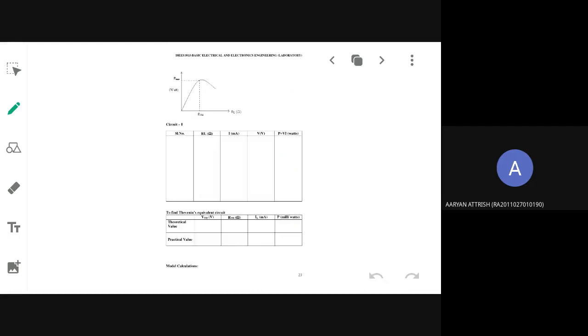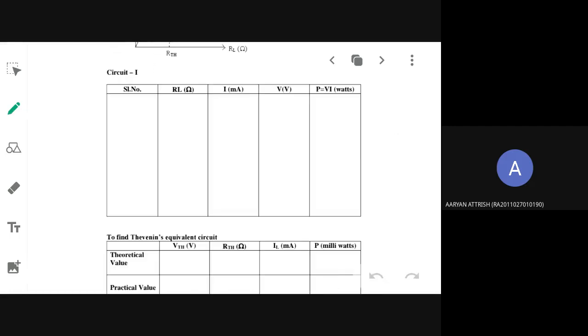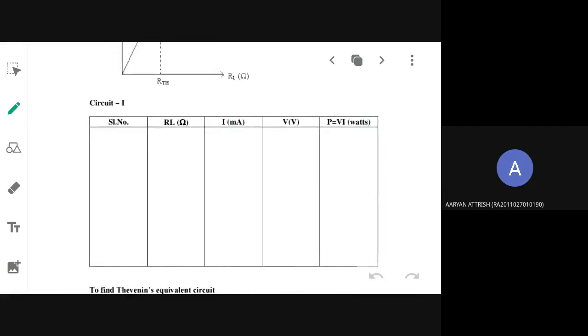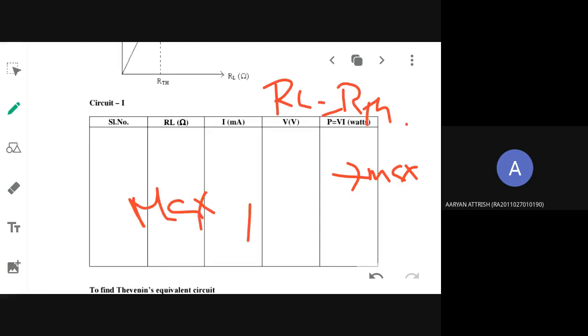But here the condition is, the power, if you are tabulating it, will be maximum only when RL is equal to R Thevenin. That is why it is called maximum power transfer theorem.